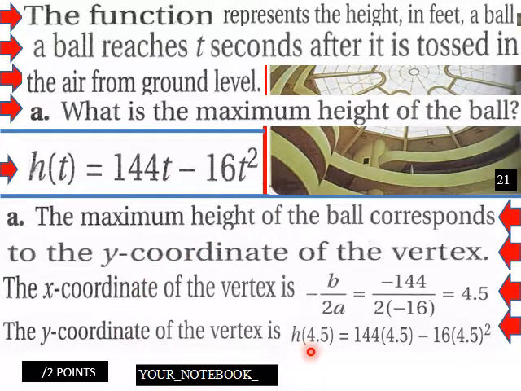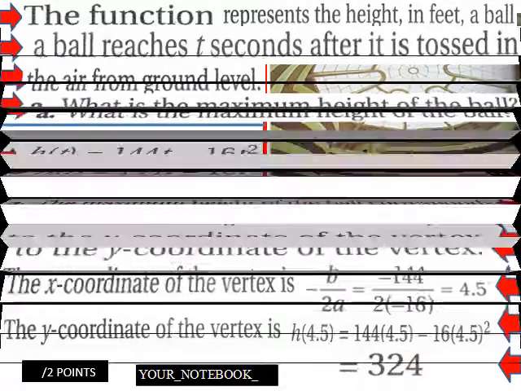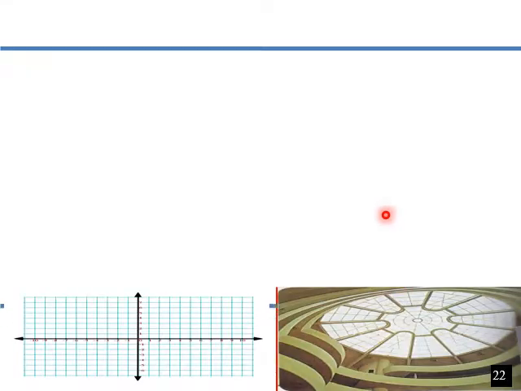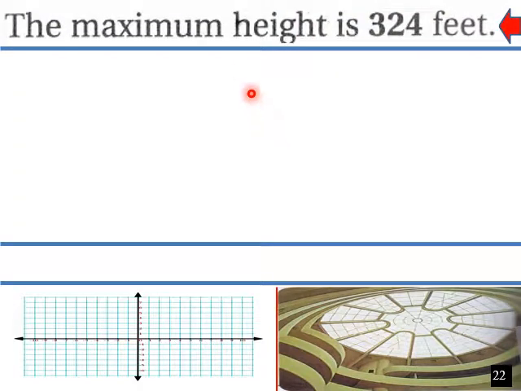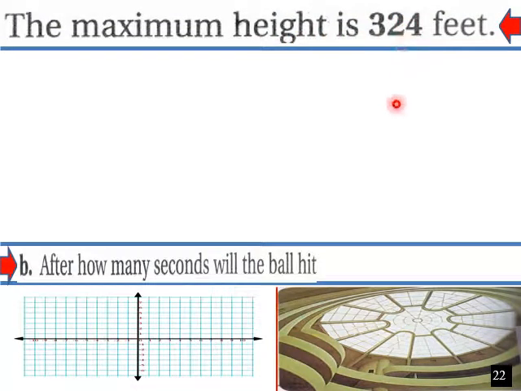The y-coordinate would be h of 4.5 equals 144 times 4.5, minus 16 times 4.5 squared. That gives us a y-coordinate here of 324. So the maximum height will be 324 feet.